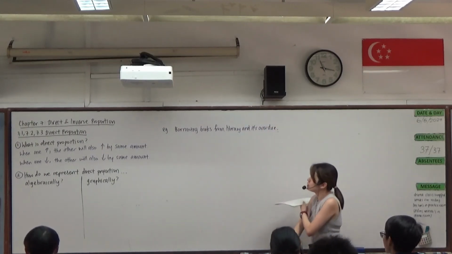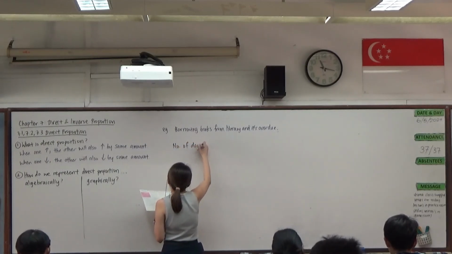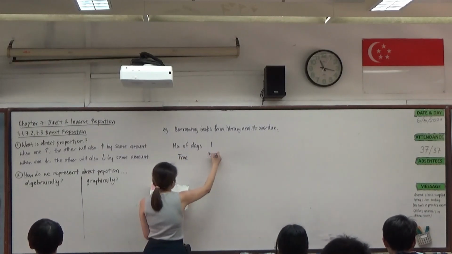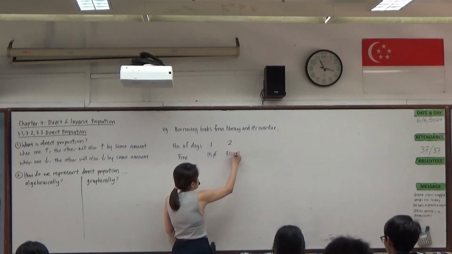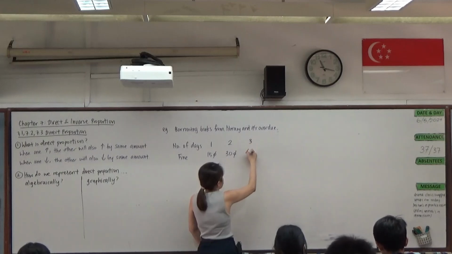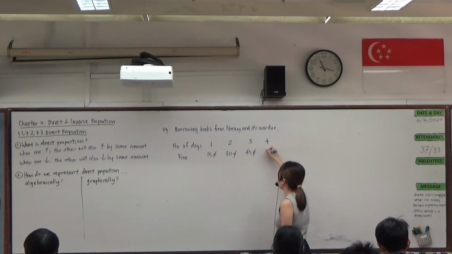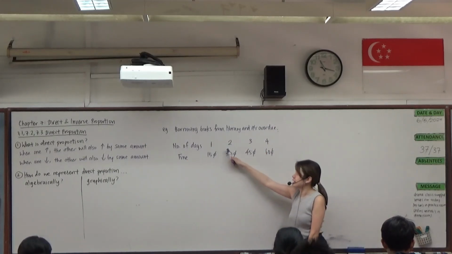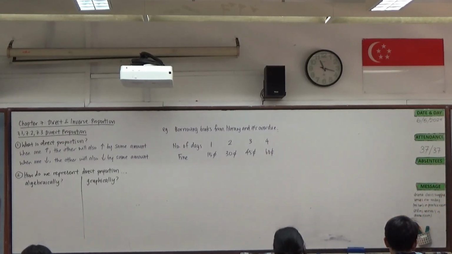If it is overdue by 1 day, you may be charged a fine of 15 cents. If it is 2 days, it will be 30 cents. If it is 3 days, it will be 45 cents. And if it is 4 days, it will be 60 cents. We see that as the number of days increases, your fine also increases. That is what we call direct proportion.